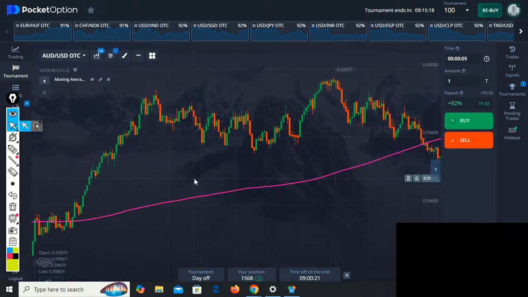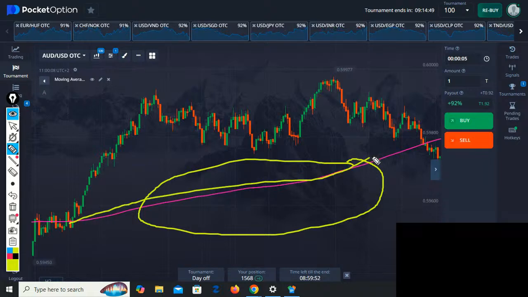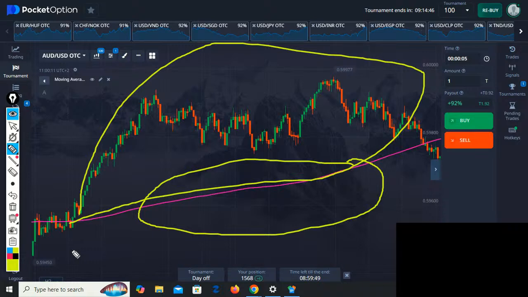Why are we doing this? Because we are limiting ourselves to trades that have the momentum of the market makers. How do you know what is the momentum of the market makers? The 200 moving average will show you where the market makers are, the Bruce Lees, the Steven Seagals, the Jackie Chans of the market, the big guns. What are they doing? In this case, they are going for a buy. So you jump with those guys.